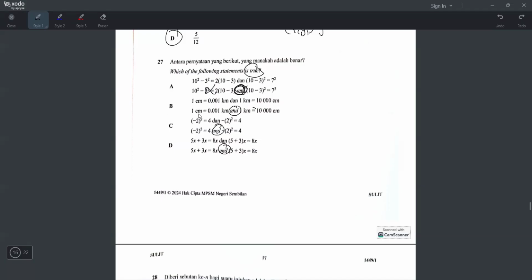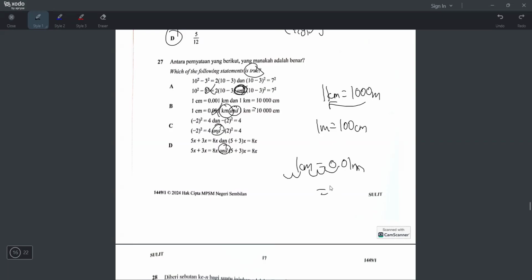Okay, B also. 1 cm is 0.001 km, and then 1 km is 10,000 cm. This one is wrong also, because let's check. 1 km is 1,000 meters, and then 1 meter is 100 cm. So if I say 1 cm, I want to convert to kilometers, I have to divide by 100 first, and then I'll get 0.01 meter, and then divide by 1,000 because I want to convert to km.